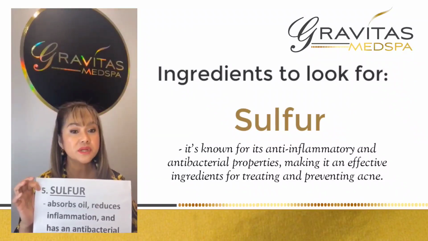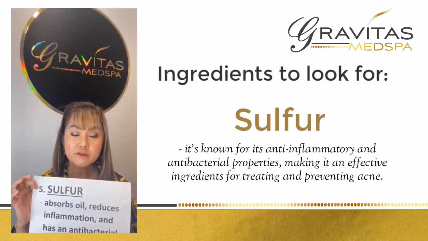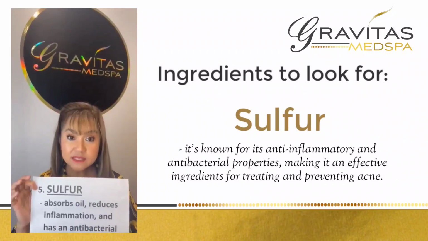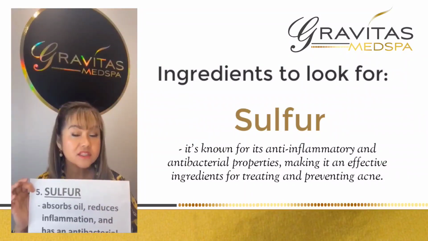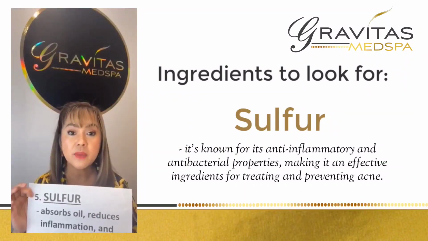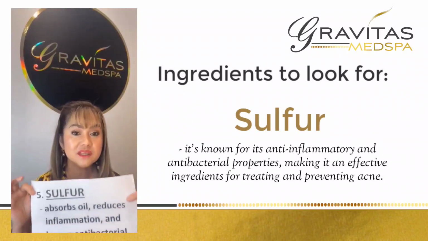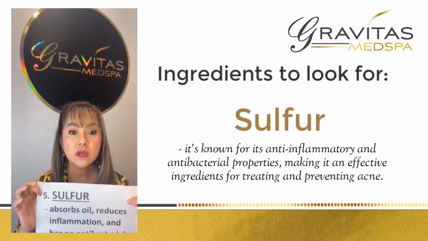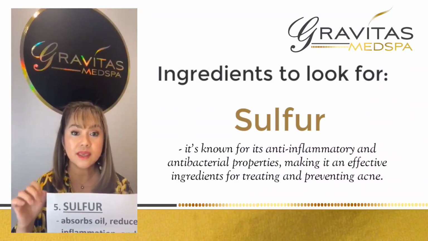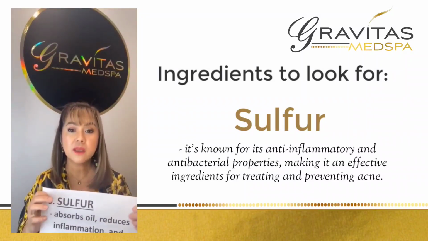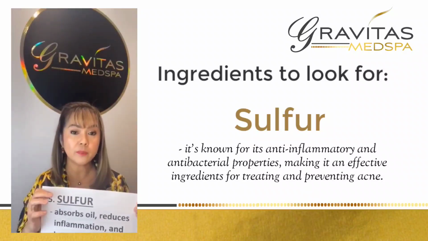This is an ingredient that we always find in masks that we use once, twice, or 3 times a week, depending on how much your skin can tolerate it. But this is a very good ingredient for absorbing the oils, with antibacterial and anti-inflammatory properties.